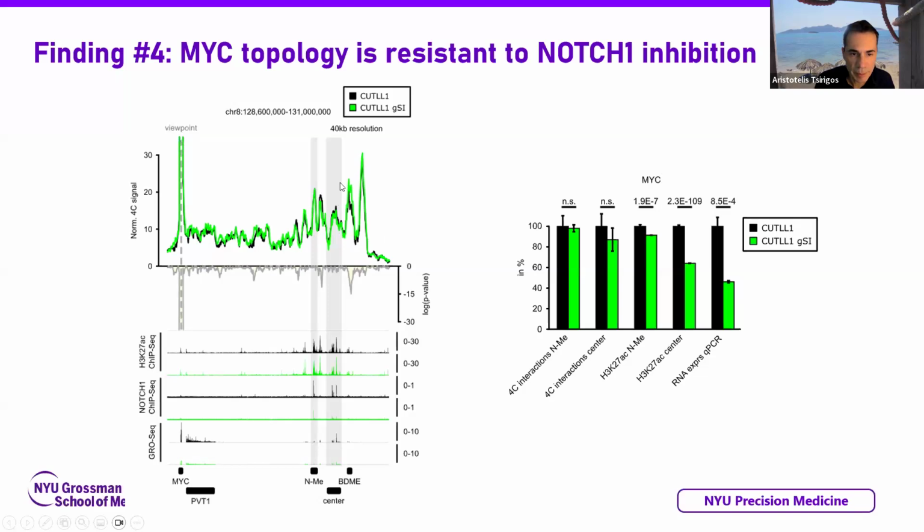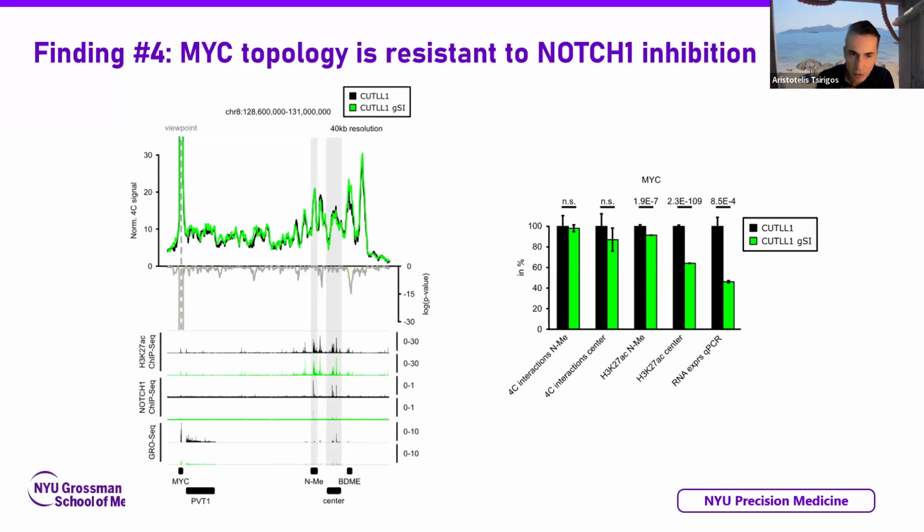So wherever you see a peak in a 4C experiment, it means a chromatin interaction with a bait, with a viewpoint, which is, in this particular case, the MYC promoter. So the MYC promoter couldn't care less about Notch inhibition, despite the fact that you have Notch binding everywhere here. And it maintained its set of active promoters, which was a bit disappointing.